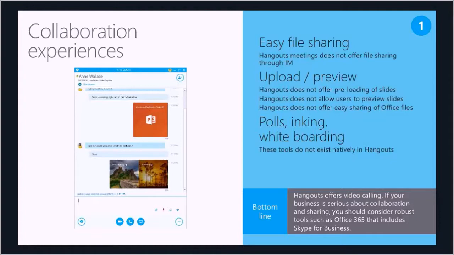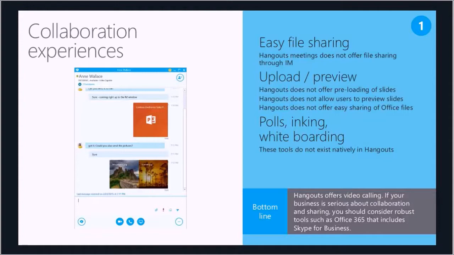They're quite limited when it comes to the Hangout options. Other things you're going to find with respect to creating polls, inking and whiteboarding require an add-in for the Google Hangout option, but you don't have to worry about that with Skype for Business because it becomes part of the default package that we have available.